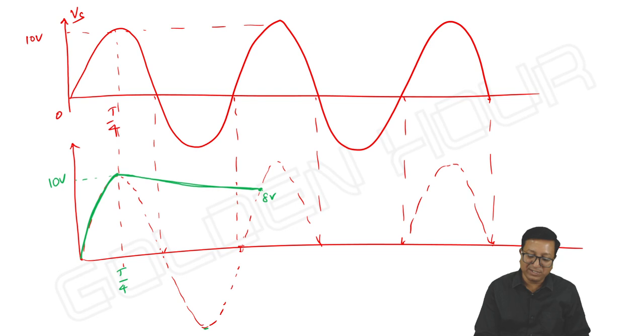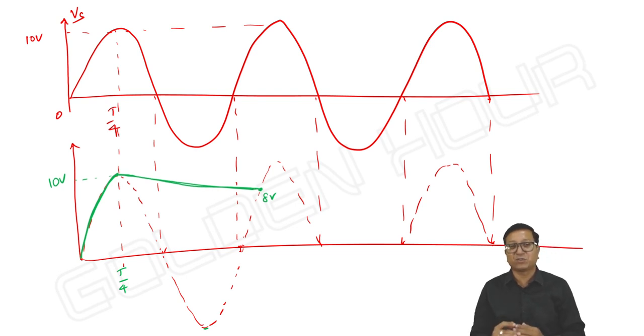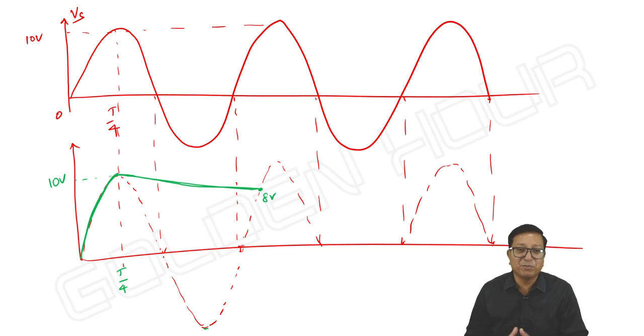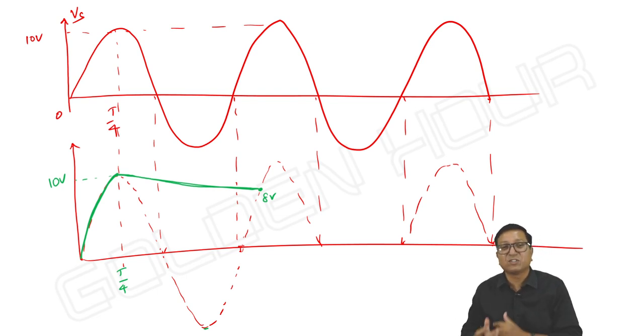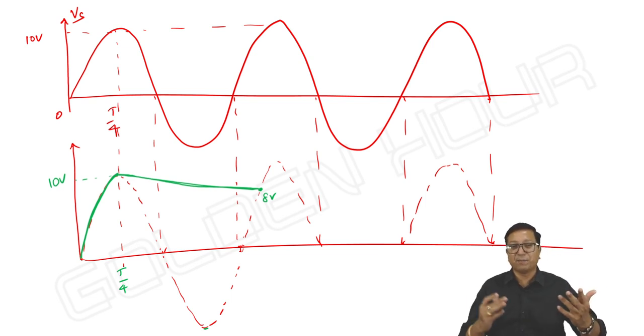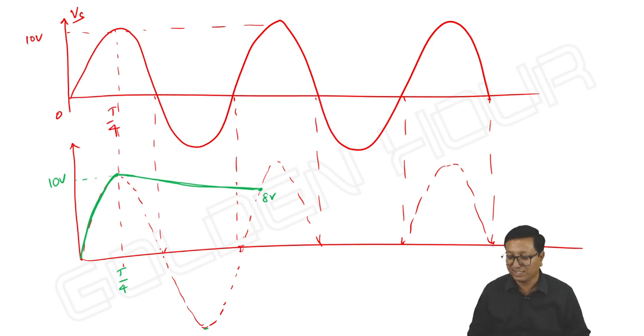So, at this particular instant, what happens is input is going above 8 volts and V capacitor is falling below 8 volts, which makes the diode conduct. Input means the anode voltage, capacitor voltage means the cathode voltage. So, anode voltage of the diode is going above the cathode voltage, and hence the diode again starts conducting. So, let me take this time as T2.